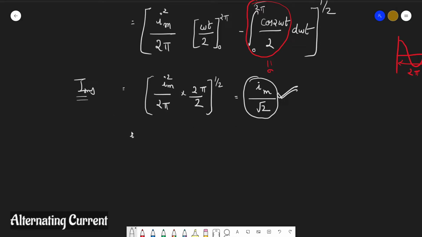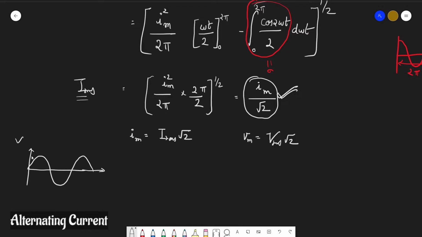It means Im is IRMS root 2, or Vm also equal to Vrms root 2. Yesterday I told you that the supply in India, sinusoidal, you are receiving in single phase AC supply at homes. So I told you 220 volt 50 hertz is the supply in India.